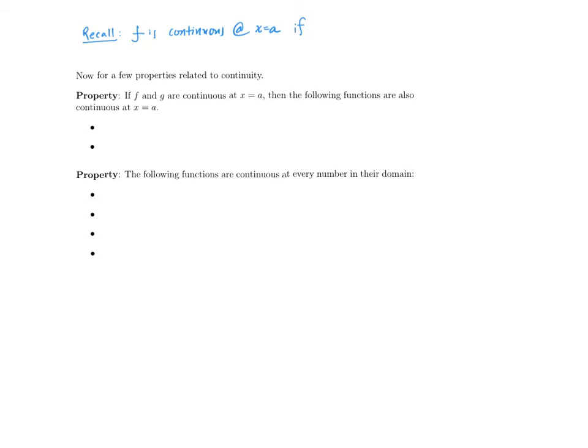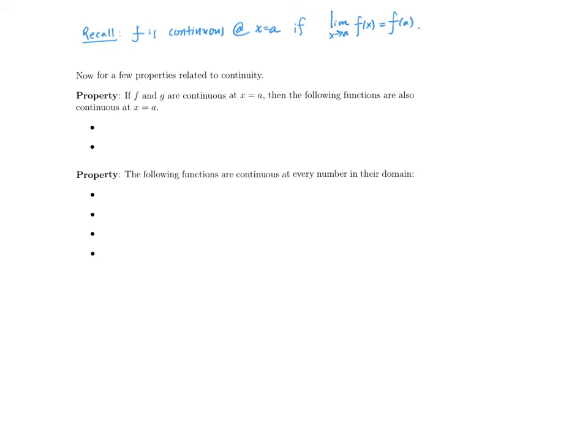and also what the common functions we've encountered in the past, say in pre-calculus, are that we now know are guaranteed to be continuous wherever they are defined. So the reminder, we say that a function f is continuous at x equals a if the limit as x approaches a of the function is equal to the function value f of a.